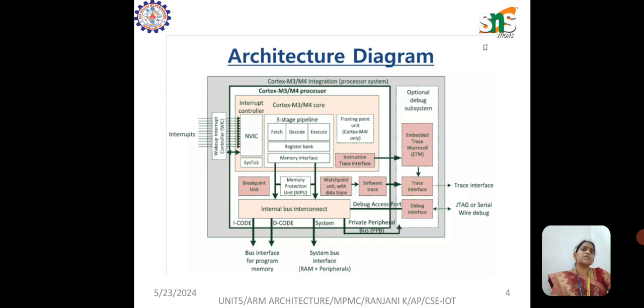Tightly coupled memory means the memory of the ARM processor is tightly coupled, giving a very fast response time. Memory management means it has a separate memory management section, and this makes the system manage memory efficiently.